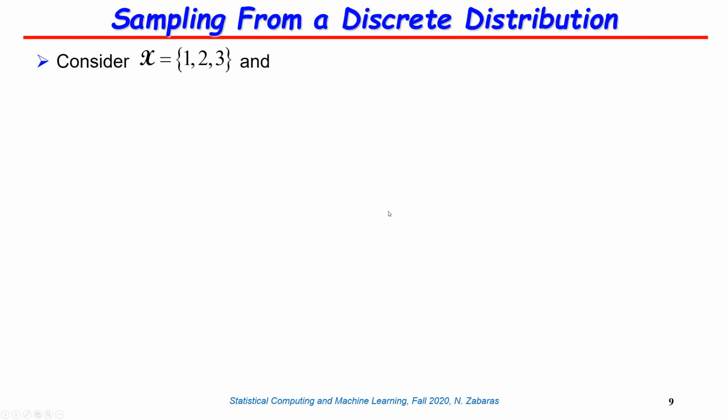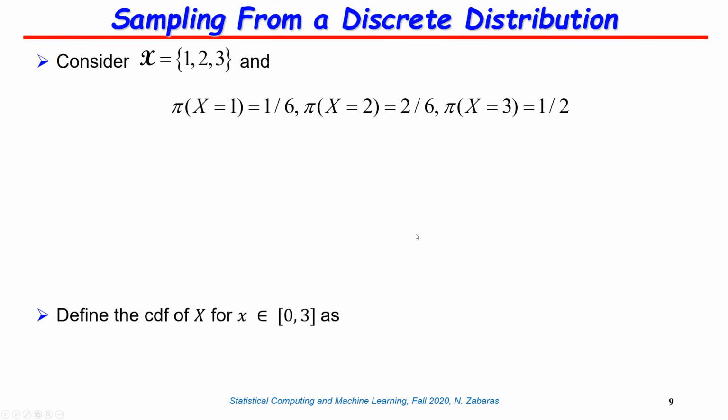All right, so let me move to the discrete distribution, which is one of the easiest to learn how to sample. So let's say we have a distribution where x can take the values 1 to 3, and let's assign some probabilities. Probability of x equal 1 is 1/6, x equal 2 is 1/3, x equal 3 is 1/2.